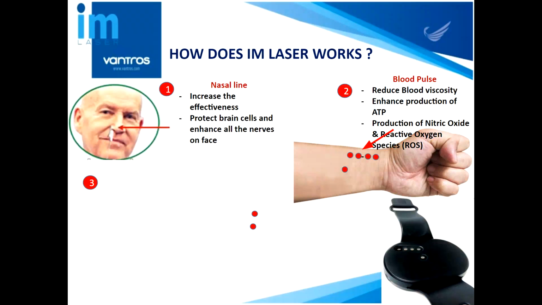And nitric oxide is mainly for dilating your capillaries and blood vessels, so that also clears the plaques inside your blood vessels. And by wearing this on the radial artery, all 4 laser lights will shine directly and supply photons to all the red blood cells that flow through your radial artery.